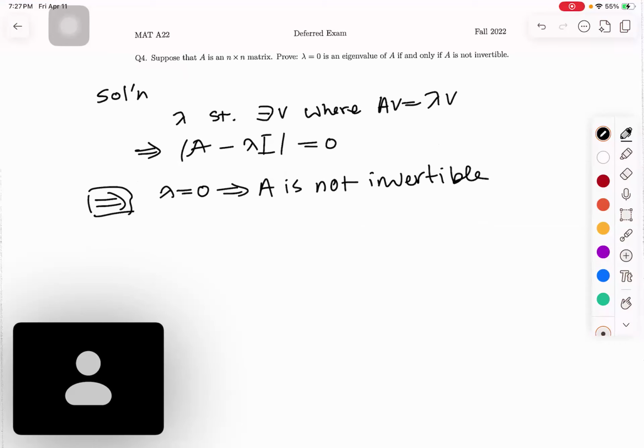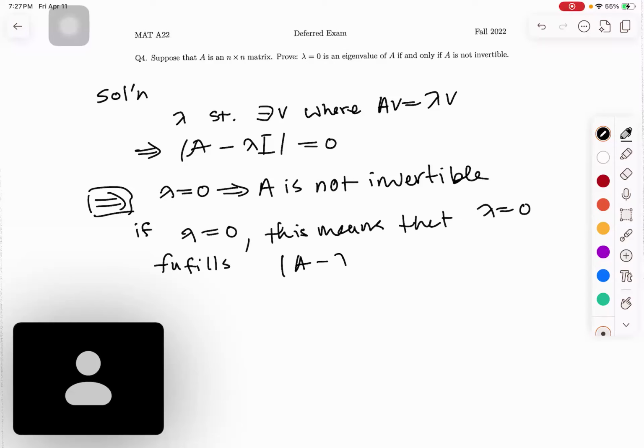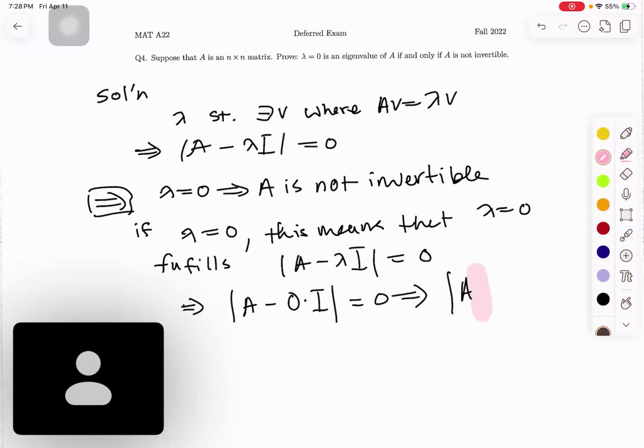Directly. So if lambda equals 0, this means that lambda equals 0 fulfills the condition that the determinant of A minus lambda I equals 0, which means that A minus 0 times I, which is A minus A, the determinant of A, is equal to 0.